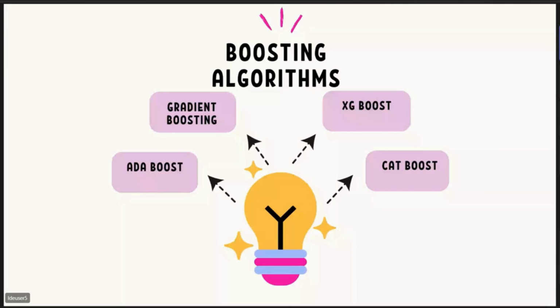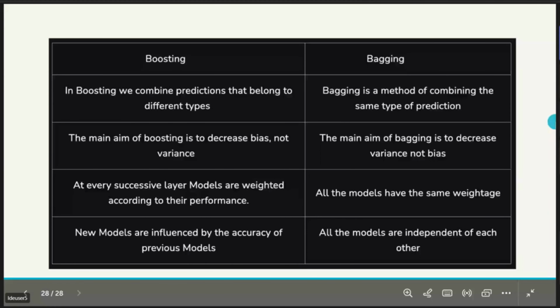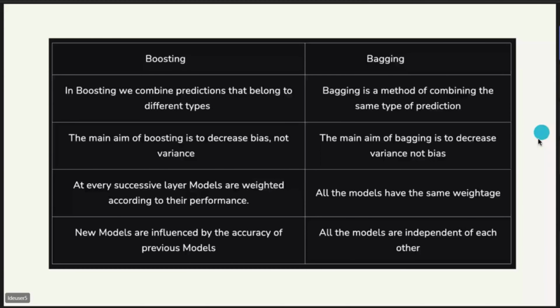Here is a small classification or a distinction between boosting and bagging. So boosting is combining predictions that belong to different types. Bagging means combining the same type of prediction. Okay, meaning in random forest, all of them are predicting a class, right?